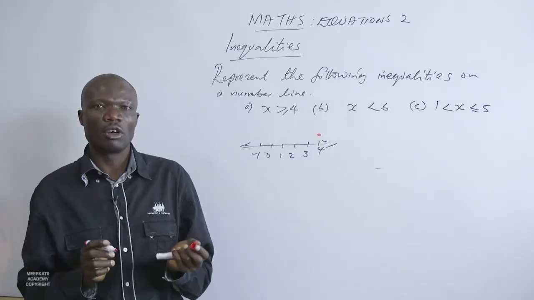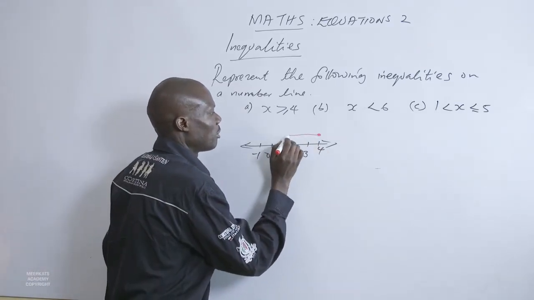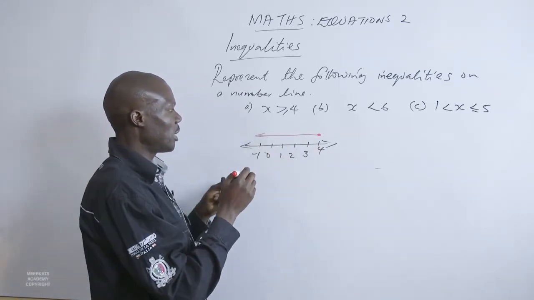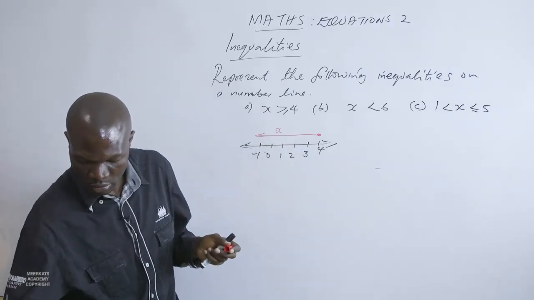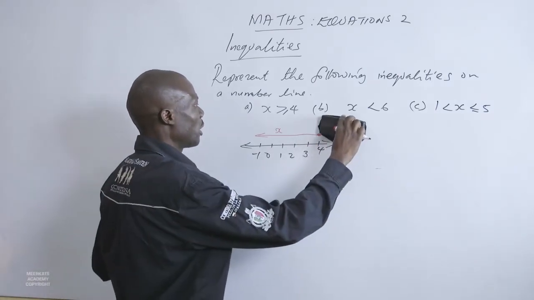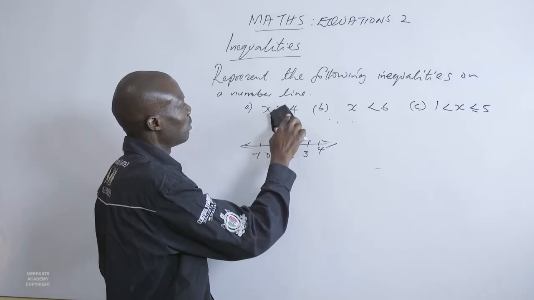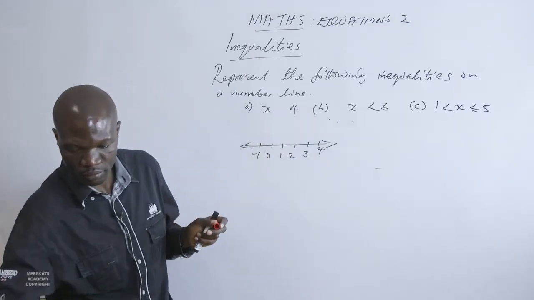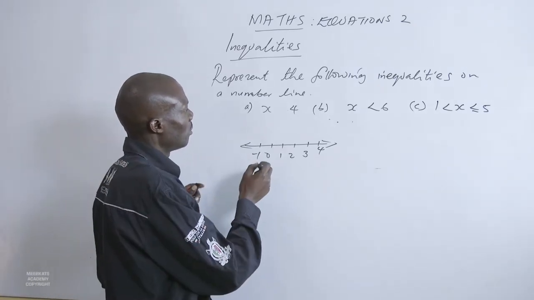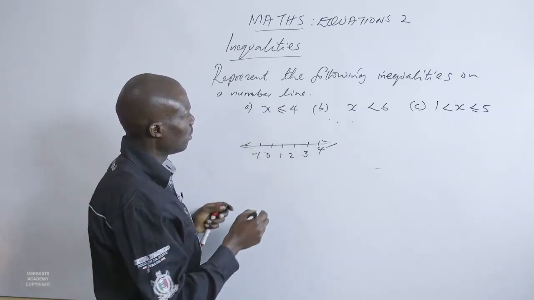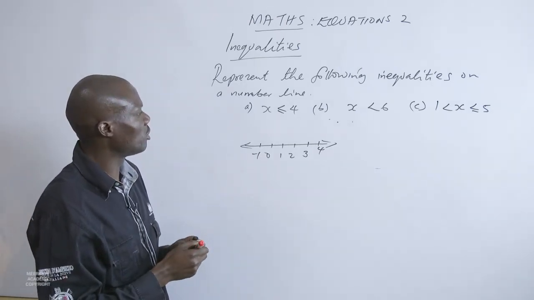Then the arrow will point this side, giving us the area where x is greater than or equal to 4.